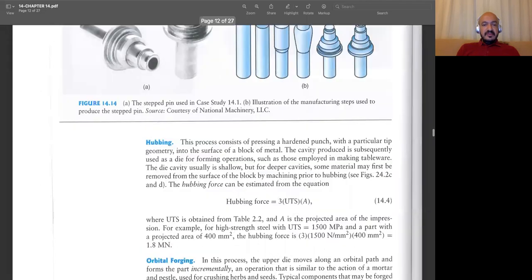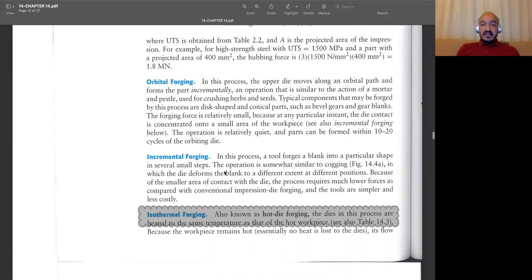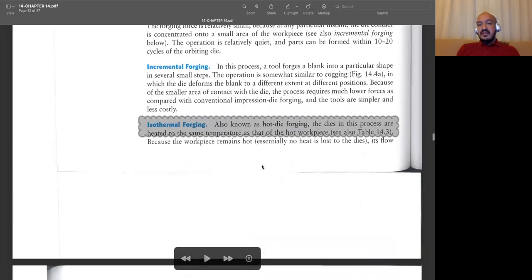We have some other processes like isothermal forging. This is also known as hot die forging, since the temperatures are increased. You also heat the die so that it has the same temperature as the workpiece, and things are much easier.